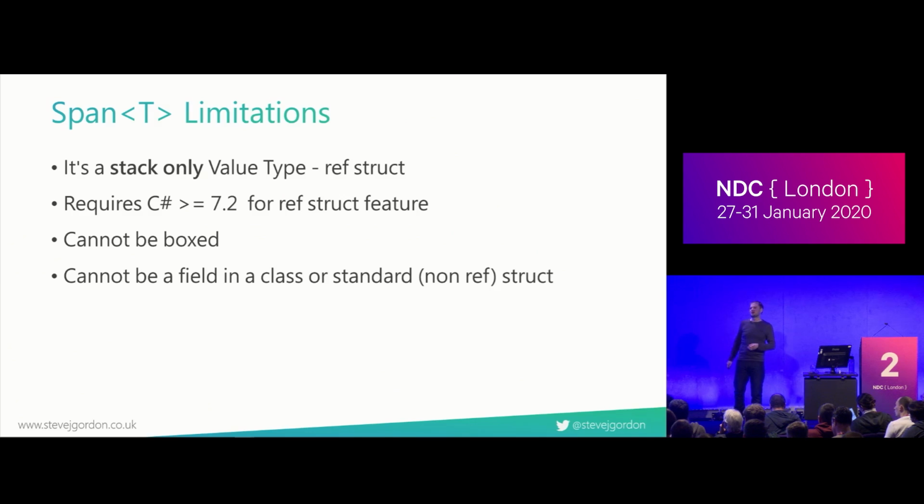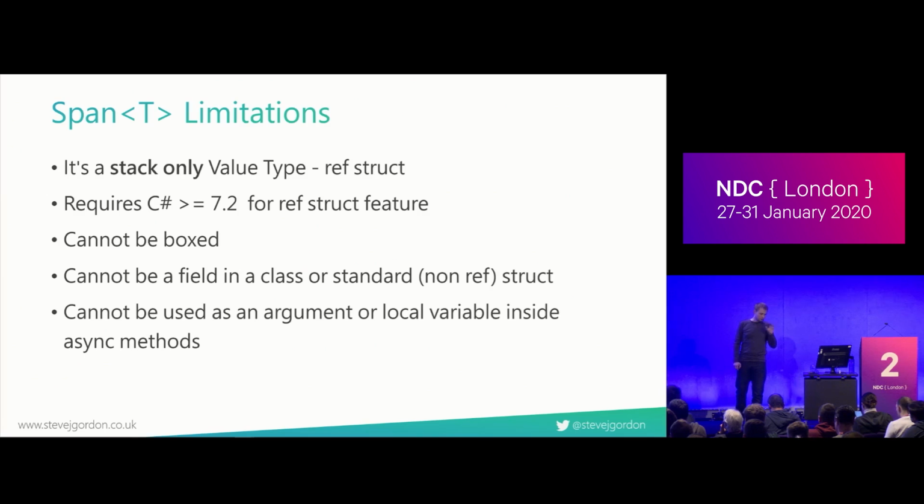The biggest and most significant thing I see people run into is that we can't use this inside async methods, basically. We can't have it as an argument or as a local variable inside async methods. And a lot of our code today is asynchronous. So in a moment, I'll show you how you work around that, because that would feel like a showstopper, I think, to many of you.